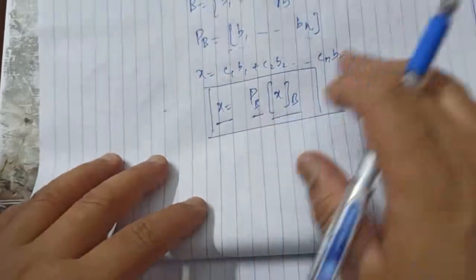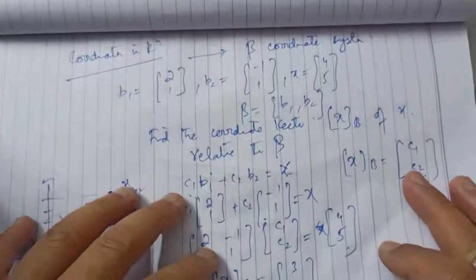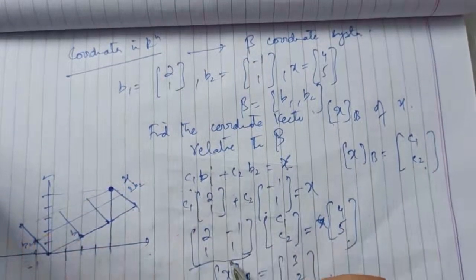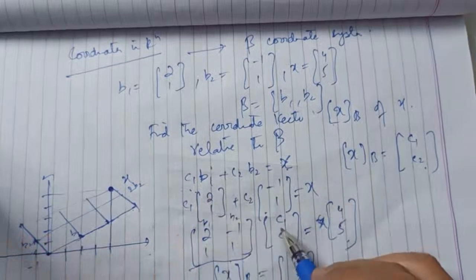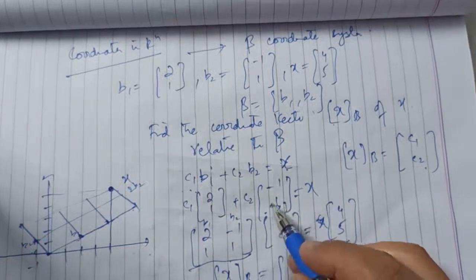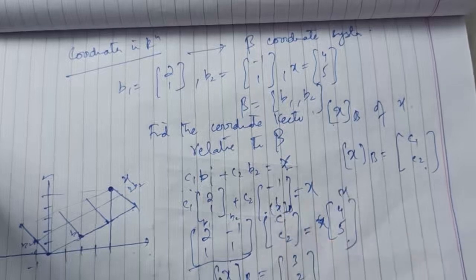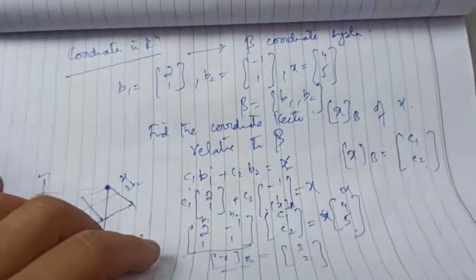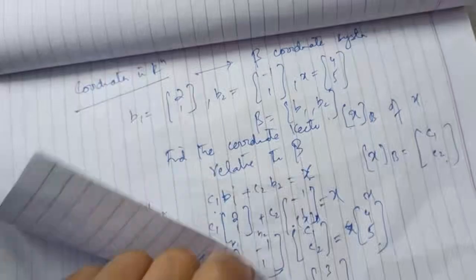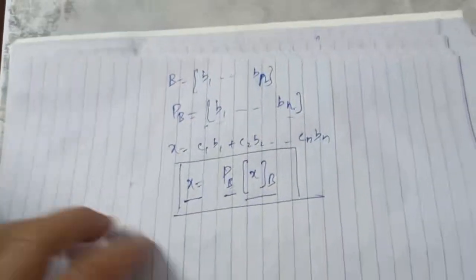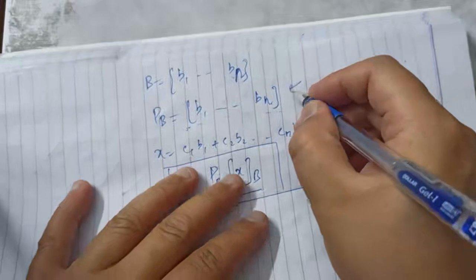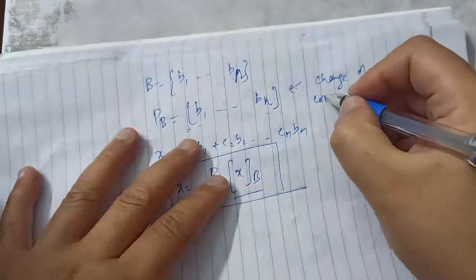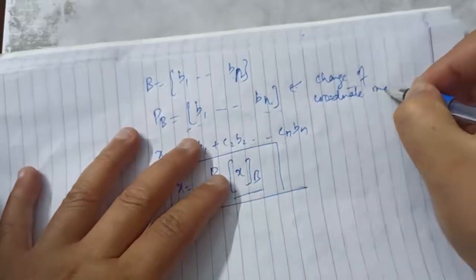This equation is quite evident from what we have just done here: this is P_B, which is b1 and b2. This was the coordinate values of x relative to beta, and this was x, right? So we just change the orientation of equality, and we had a very similar equation. And so P_B is nothing but the change of coordinate matrix.